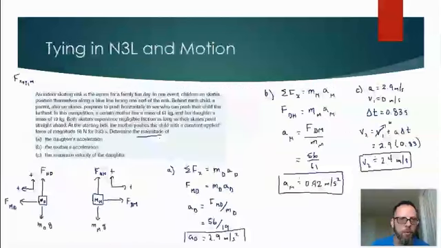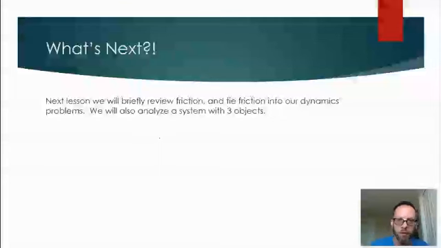So we'll briefly review that, do a friction example or two, and then we're going to analyze a system with three objects. So that should be fun. Our next lesson is a bit of a combination of some review and taking our ideas of motion in two dimensions and multiple objects to another level.